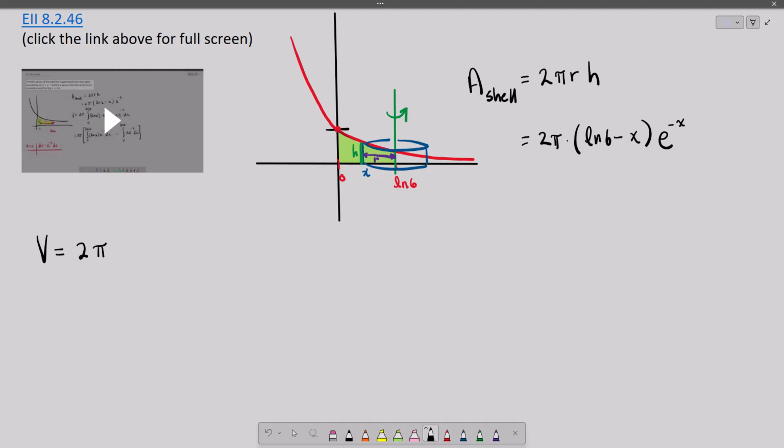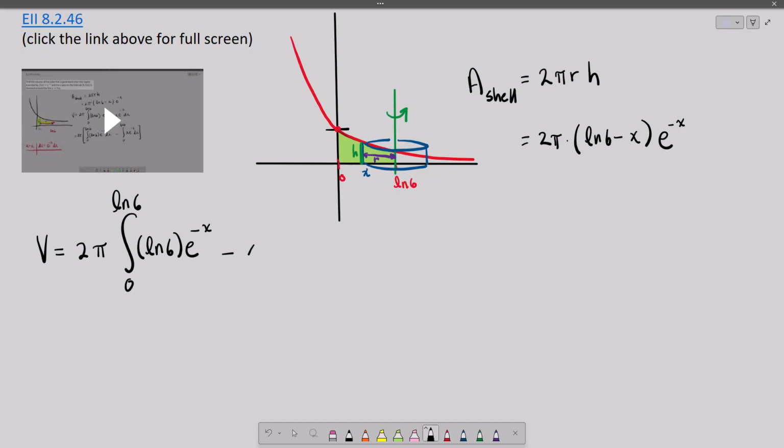Let's pull the 2 pi out to the front, and we'll see how we have to deal with big brackets. If we didn't want to deal with big brackets, we could leave the 2 pi in. This will be an example where we can see how that would work. So our integral limits are 0 and natural log of 6. And then we're going to integrate, and I'll distribute right away that e to the negative x thing.